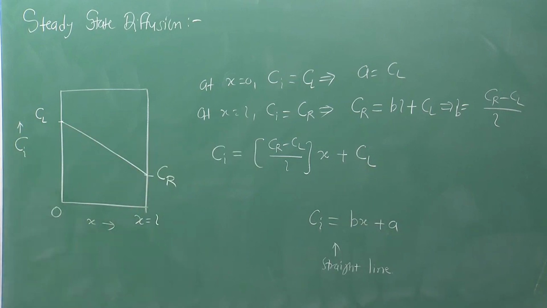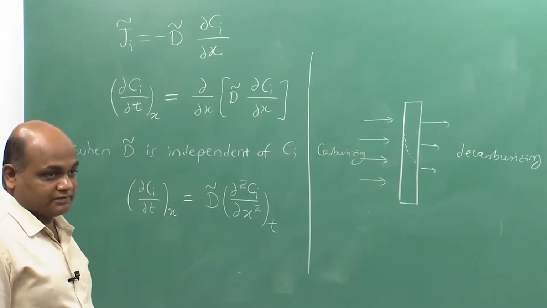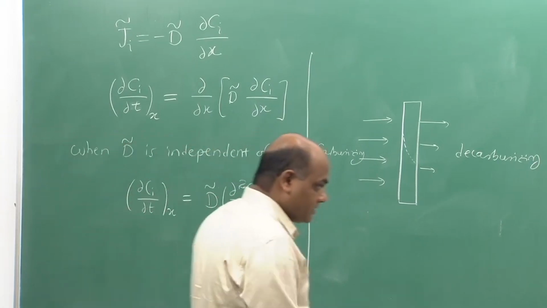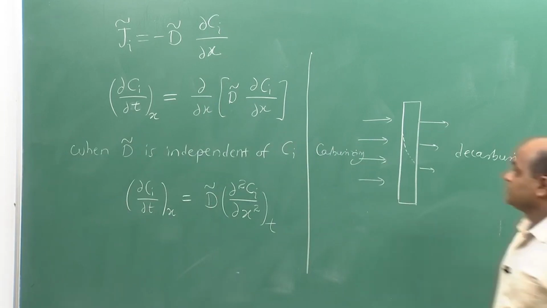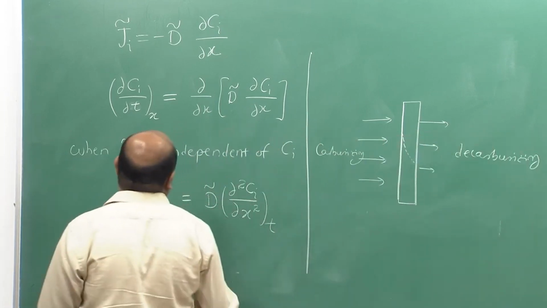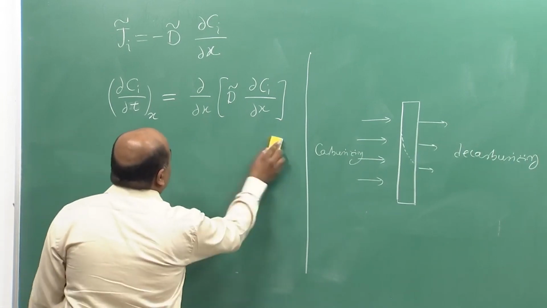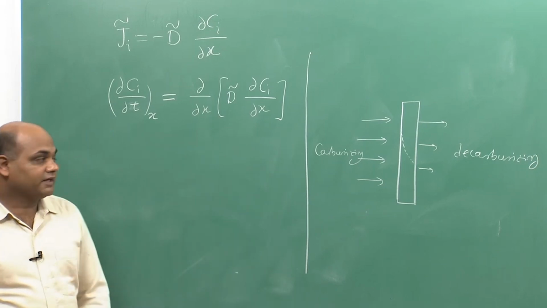Now, what happens if d tilde is not constant, which should typically be the case? If d tilde is not constant, we cannot simply take d tilde out, right.